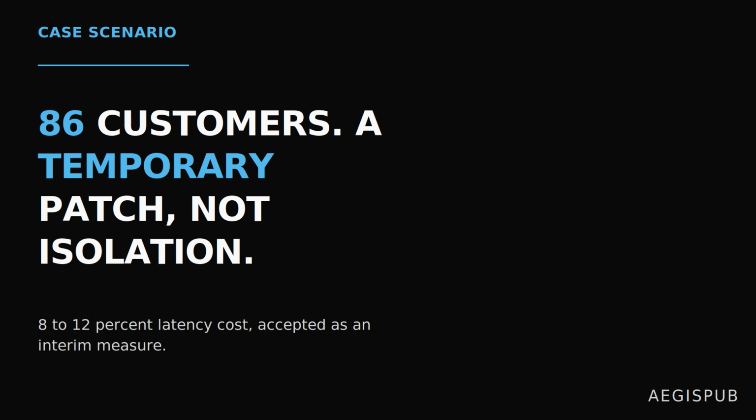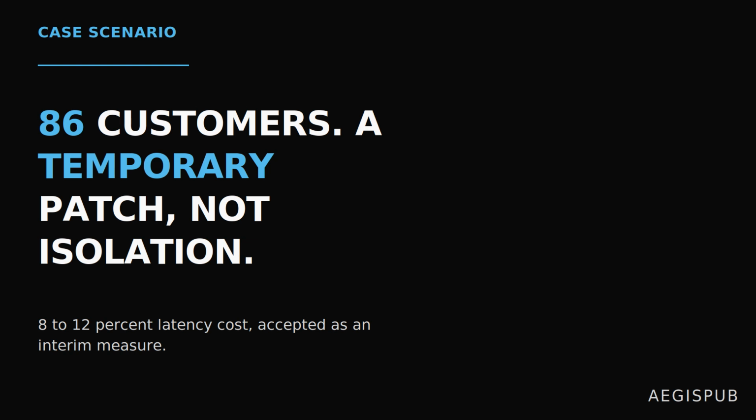The benchmark shows an 8 to 12% latency increase on workloads that are sensitive to context switch overhead. You make the decision that this performance penalty is acceptable as a temporary measure while permanent hardware isolation is planned.